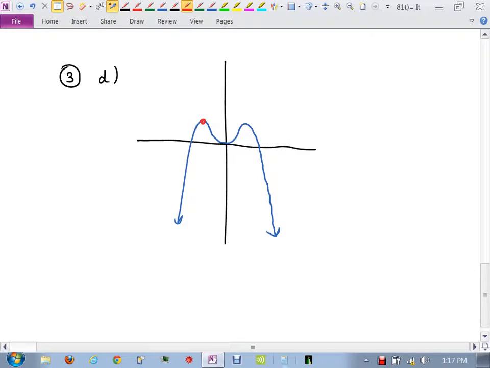So if I look at the top, this bottom point, and this top point, would you agree that at those 3 points, your derivative, your slope of your tangent line, must be horizontal? Which means that the slope is 0 at those points? Okay, so I'm gonna put the derivative next to this, I guess.